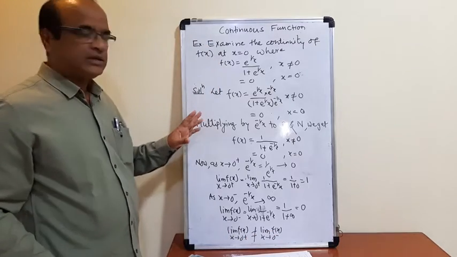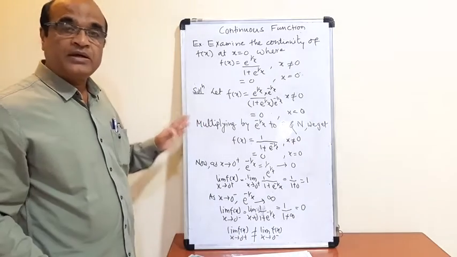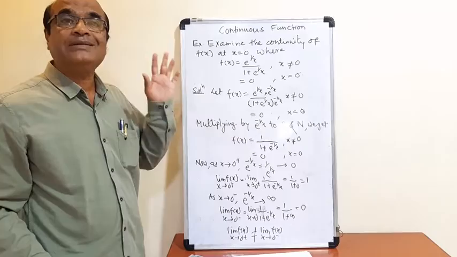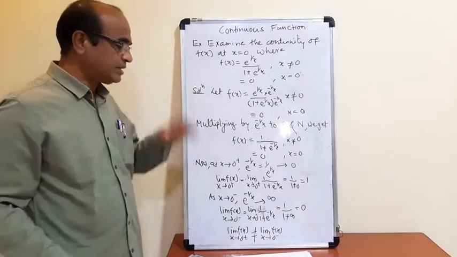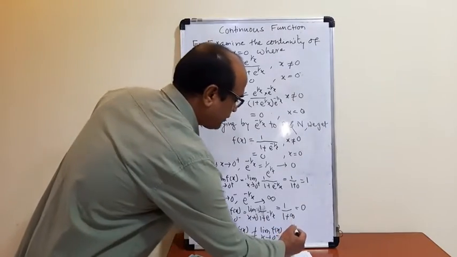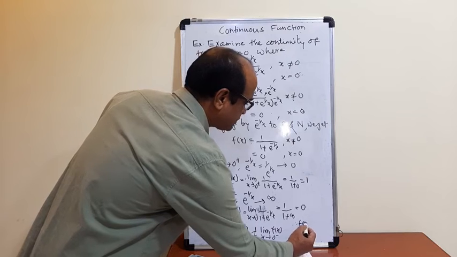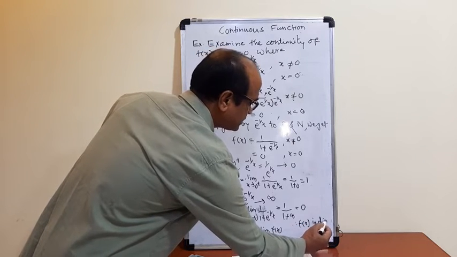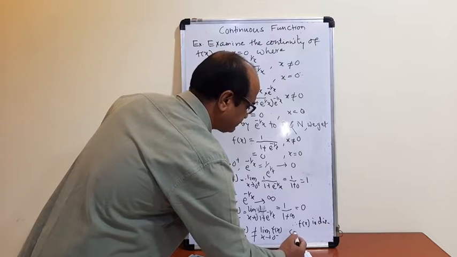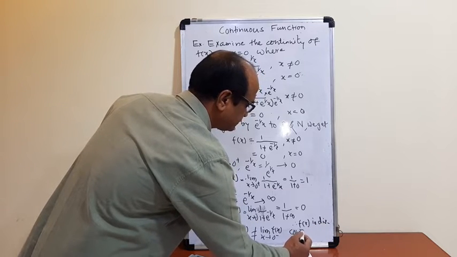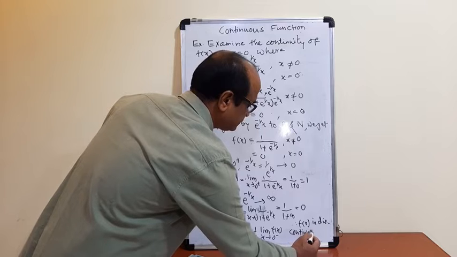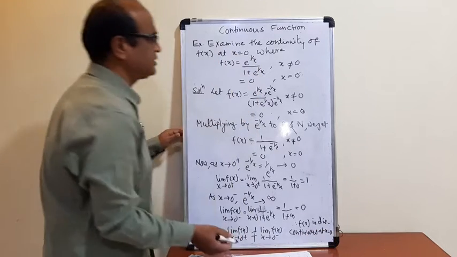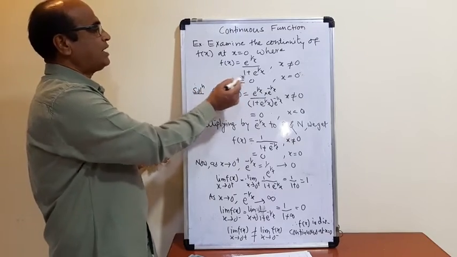In this case the left hand limit is not equal to the right hand limit, then the function is discontinuous at x equal to 0. Therefore the given function f(x) is discontinuous at x equal to 0. So this function is discontinuous at x is equal to 0.